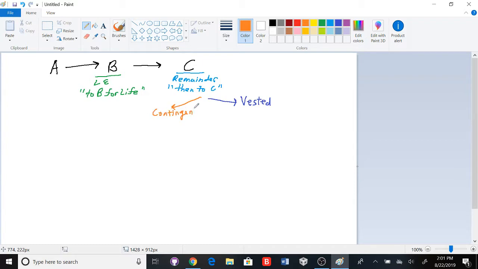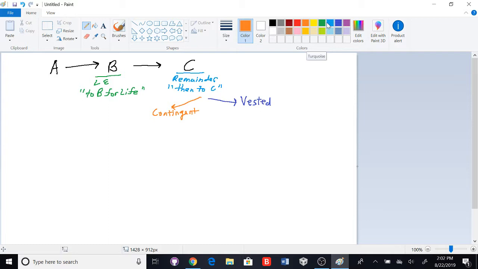I'm going to write those down right now here so you can see. Vested or contingent. I've always looked at it as two aspects that you either have or don't have, and so vested and contingent are basically polar opposites. If something is a condition precedent, then it's contingent. If it's not a condition precedent, it's vested.